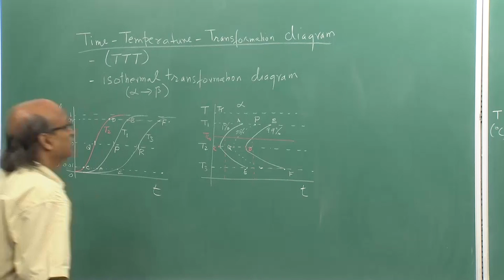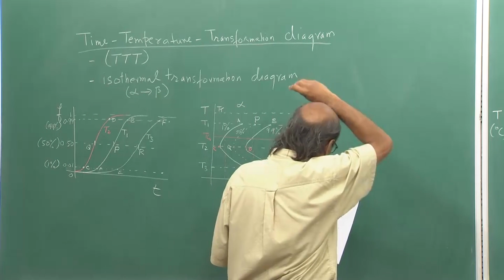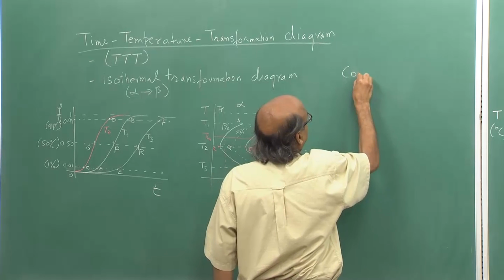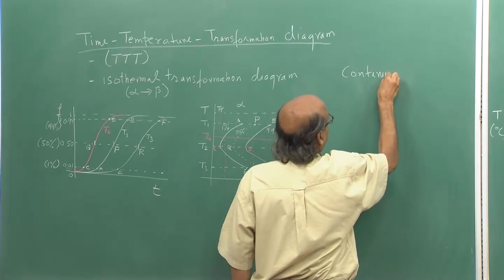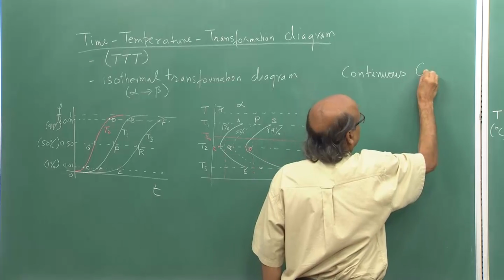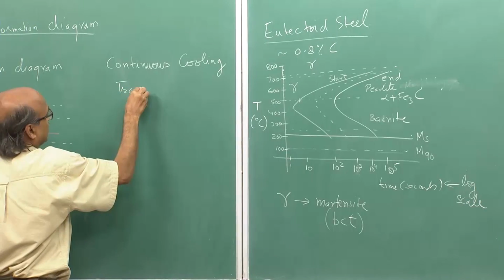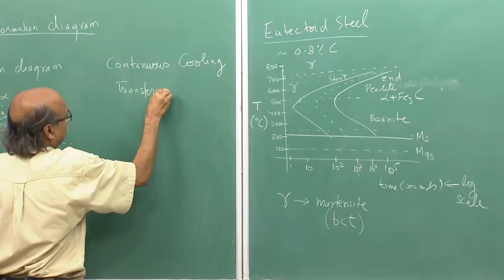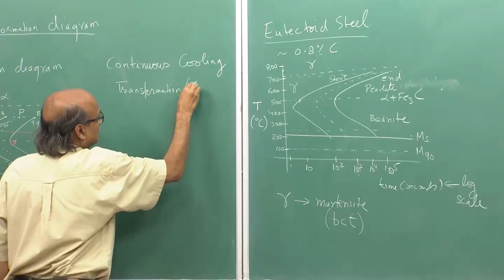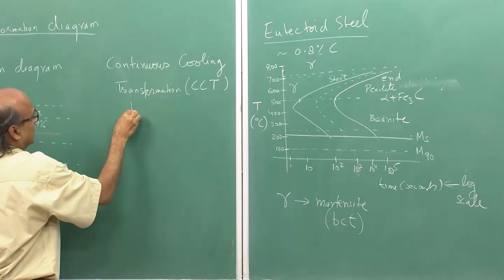In the case of the continuously cooled material, we have what is called as continuous cooling transformation diagram, or simply CCT diagram.